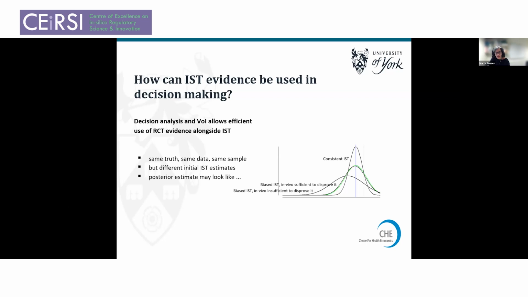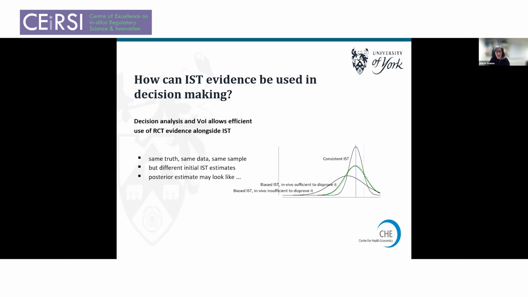If your IST used to inform your prior is consistent with the RCT evidence, then the credibility weight of that IST will be updated to be a very high weight. So you're going to gain precision in relation to using the in vivo data by itself.